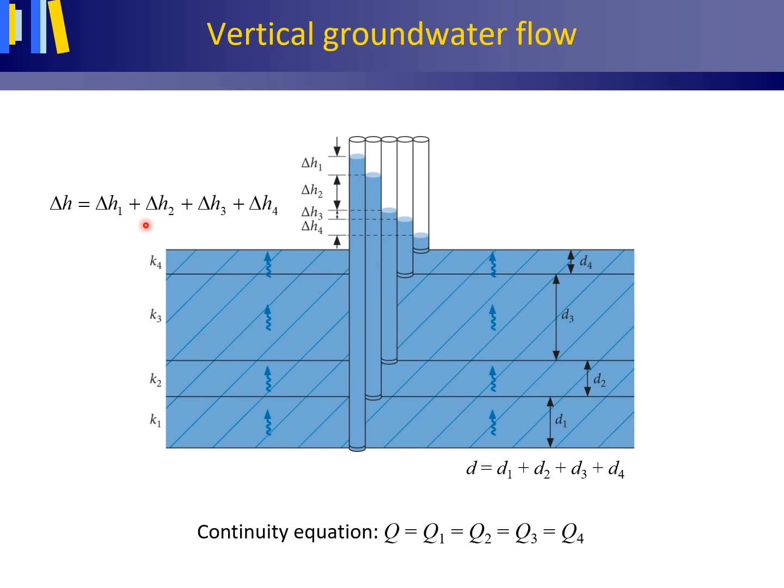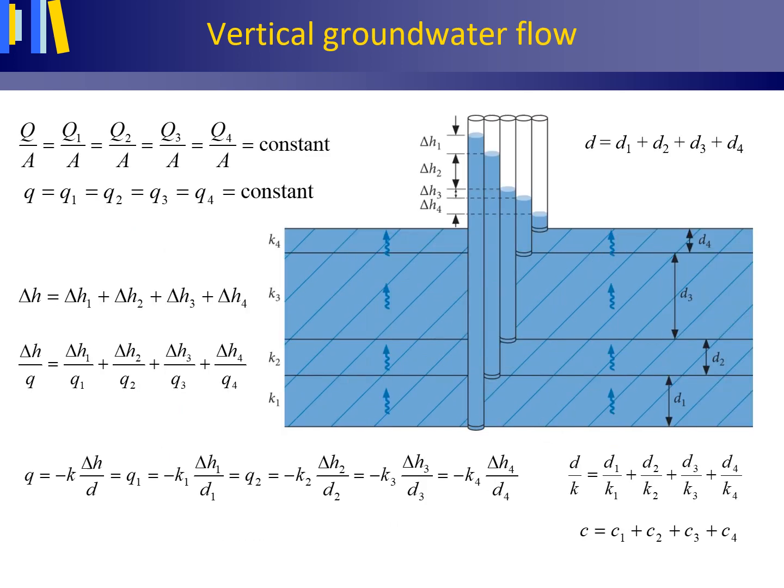For a constant area A perpendicular to the water flow, we may divide the volume fluxes in the continuity equation by this area A, as shown here. Dividing the volume flux by the area delivers the volume flux density. Thus, the volume flux densities, small q in meters per day, are equal to each other.